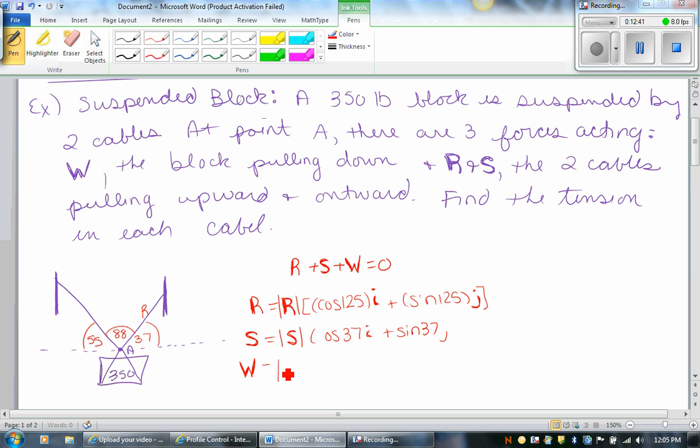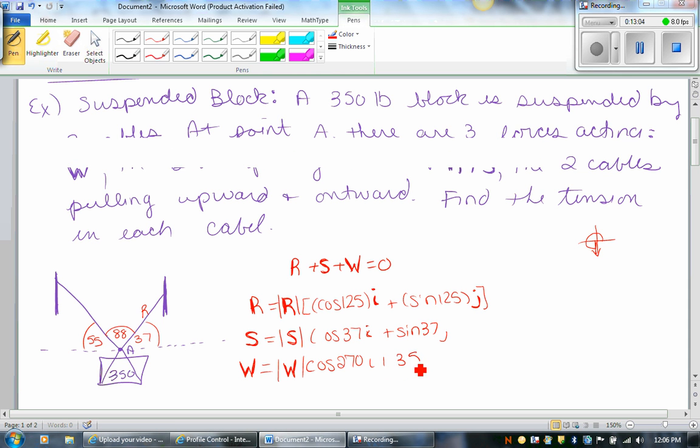The magnitude of W is cosine of 270 degrees because it's pulling straight down. Think about where 270 is on that unit circle. Okay, straight down. i plus 350 sine 270 j.